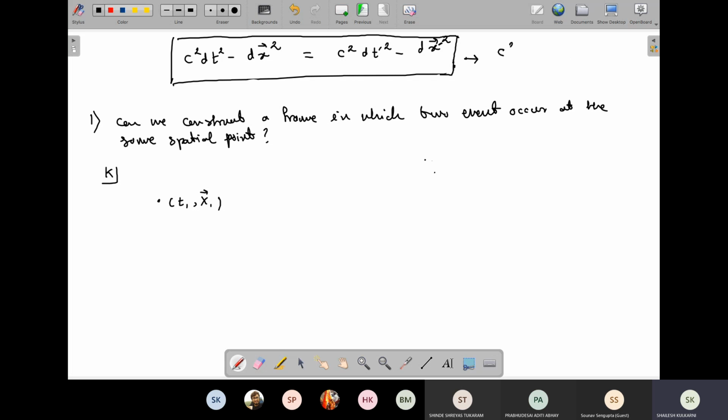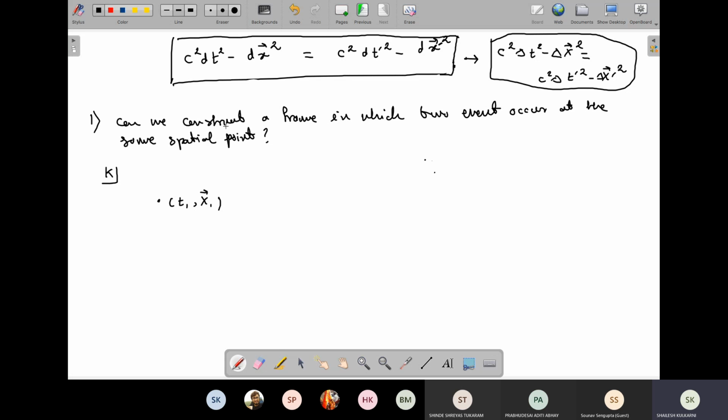For the finite version, it is just c square delta t square minus delta vector x square must equal c square delta t prime square minus delta x prime square. You can convince yourself that if it is true for the infinitesimal version, then it is true for the finite version. It's straightforward.